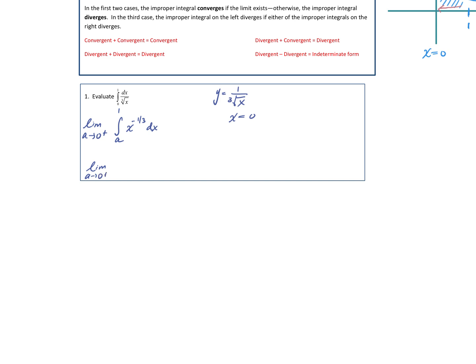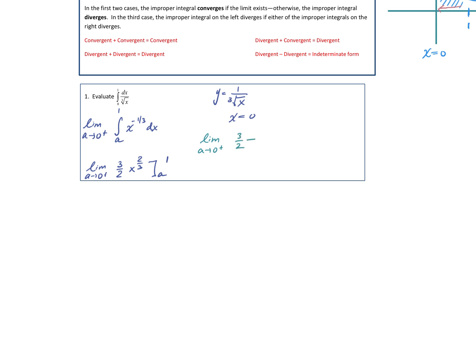So it's going to be x to the 2/3, but then we divide by 2/3, which gives me 3/2. I'm going to plug in my bounds, so we've got the limit. 1 to the 2/3 is just 1, so I just get 3/2 when I plug in 1.